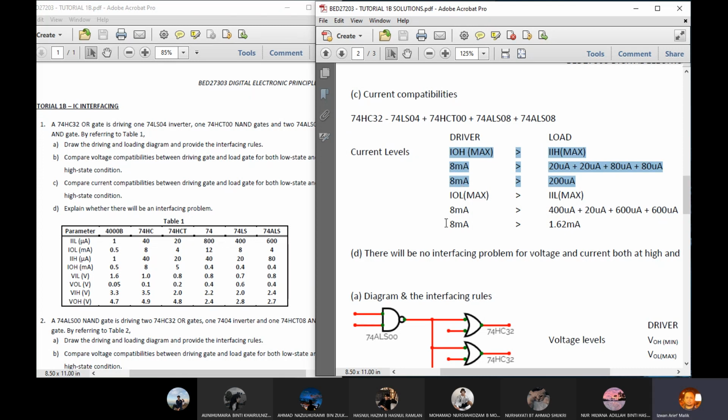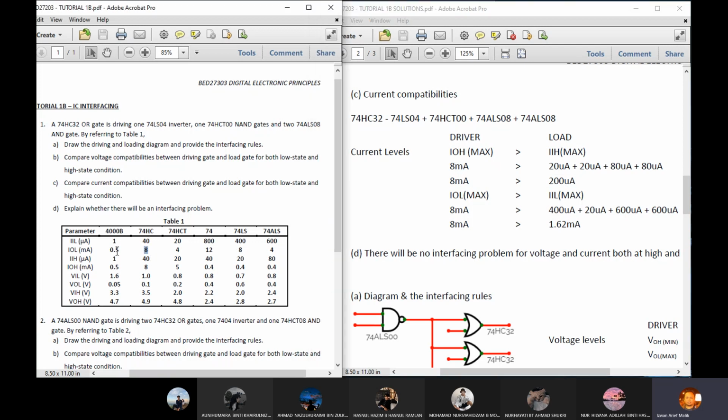Okay, and then the next one, IOL for 74HC is 8 milliampere. Okay, for IIL for 74HC, 74LS is 400 micro. And then for 74HCT is 20 micro, and for 74ALS is 600 micro.